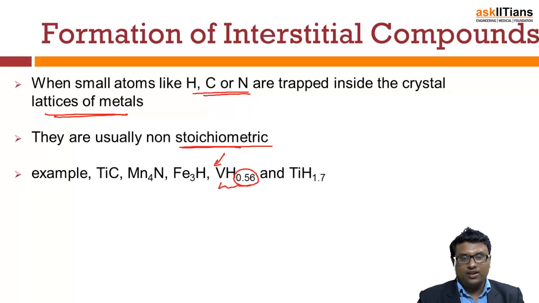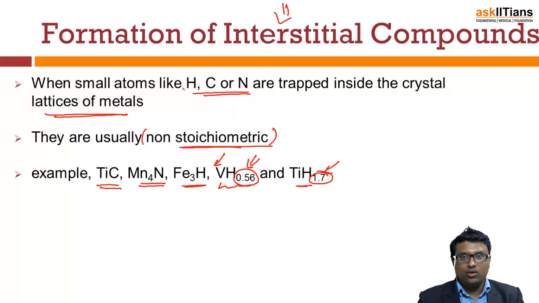What is this 0.56? It represents the non-stoichiometric component of hydrogen. You can see here TiC, Mn4N, Fe3H, and Ti hydrogen 1.7. Again this 1.7 symbolizes the non-stoichiometric component of hydrogen present in this interstitial compound.